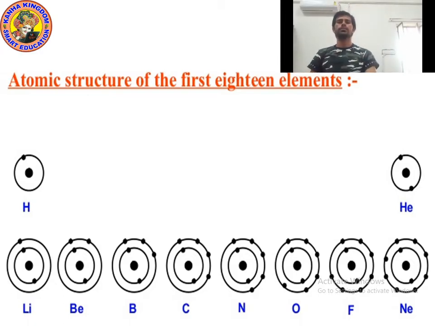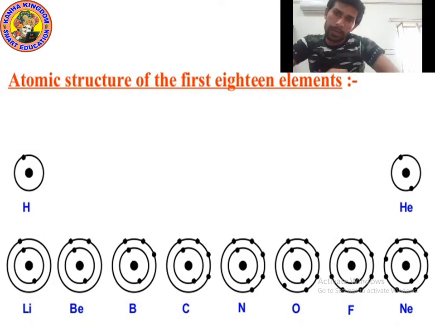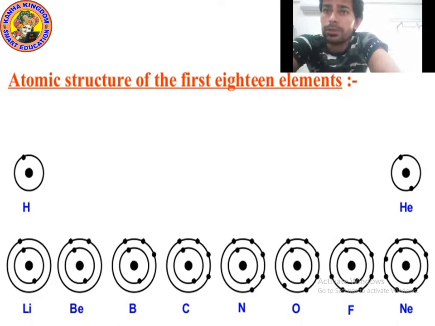Okay. Now let's talk about boron. Boron has 5 electrons. In the first circle, which means the first shell, we will put 2 electrons.